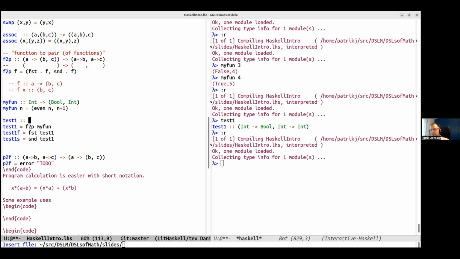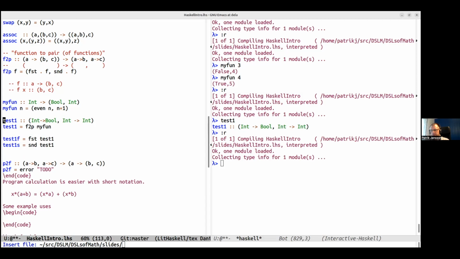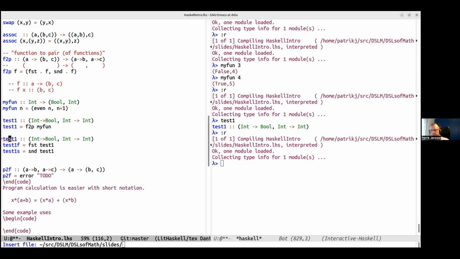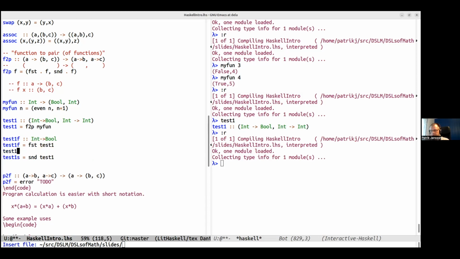So test1 is a pair of functions, one from int to bool and one from int to int. And these then are of those types. test1f has type int to bool, and test1s has type int to int.